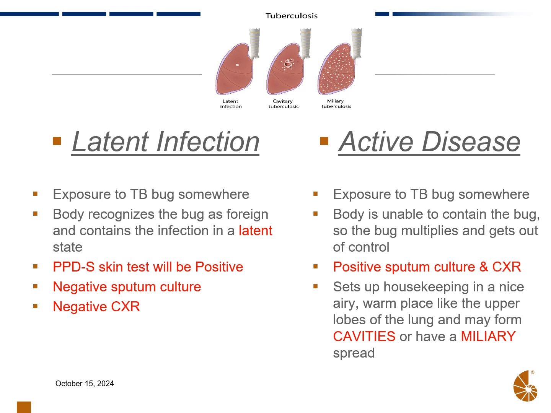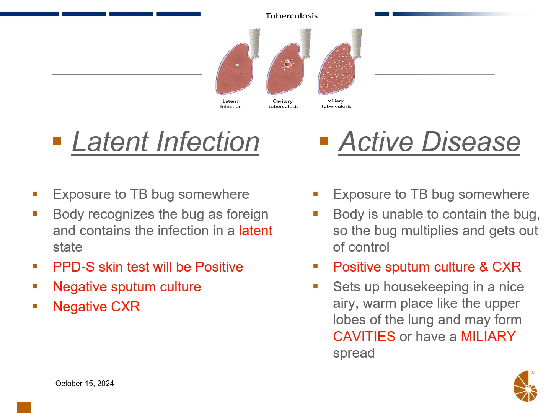Whereas with active disease from TB, you're exposed to the bug, but the body's unable to contain the TB bug in the lung, and it gets out of control. It starts causing a more aggressive infection.